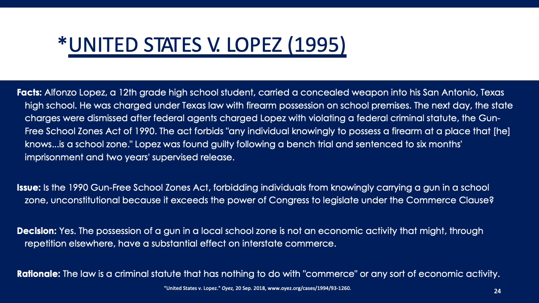And so what was decided was that what he did was wrong, right? Yes, because possessing a gun in a school zone is a criminal act and not an act of commerce. Criminal laws, right, are specifically reserved for the states, so the states couldn't decide that.